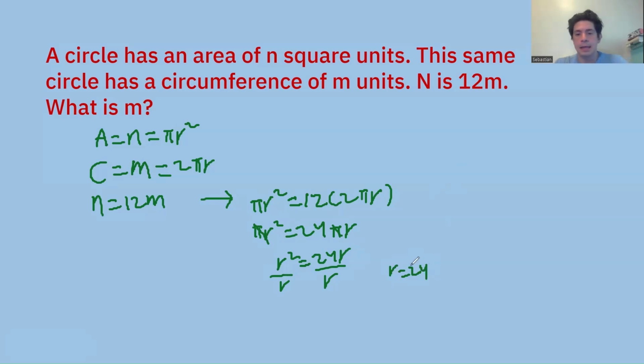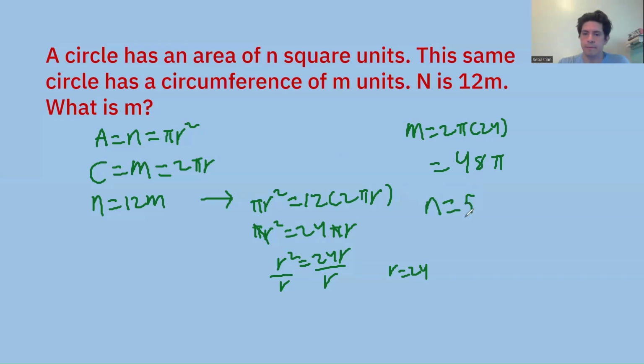And so if r equals 24, what is m? m equals 2 pi times 24, and that's going to give us 48 pi. And if you wanted to find the area, n equals 12 times 48, which is going to be 576 pi.